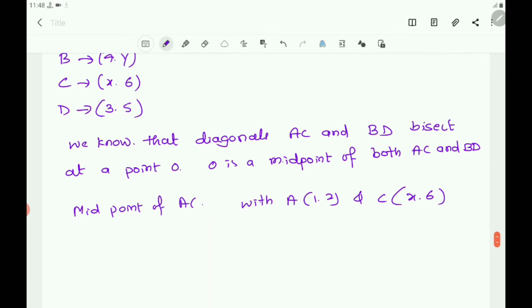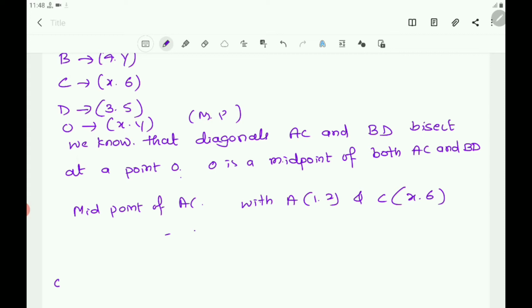So we write the formula, let us take O is a point with (x, y). O is a point with the coordinates (x, y), right? So we take O equals (x, y), that is the midpoint.